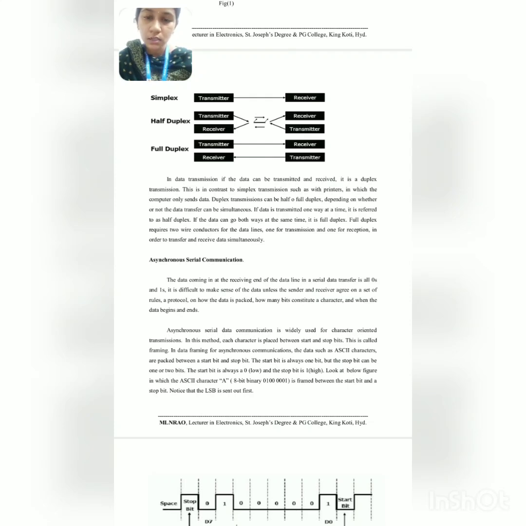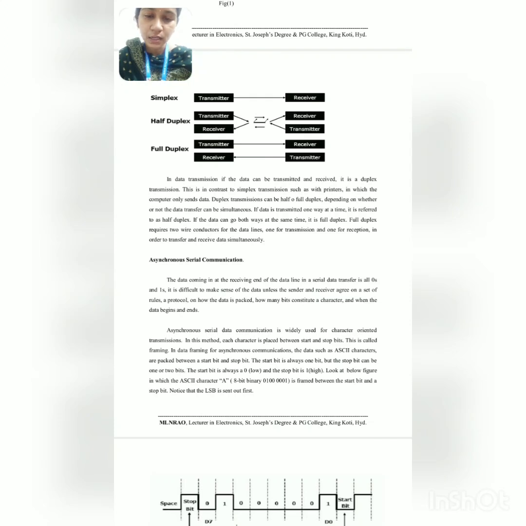Asynchronous serial communication. The data coming in at the receiving end of the data line in a serial data transfer is all 0s and 1s. It is difficult to make sense of the data unless the sender and receiver agree on a set of rules, a protocol, on how the data is packed, how many bits constitute a character, and when the data begins and ends.